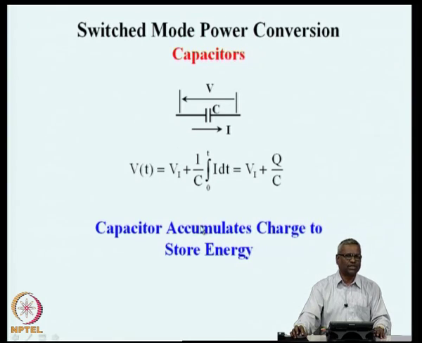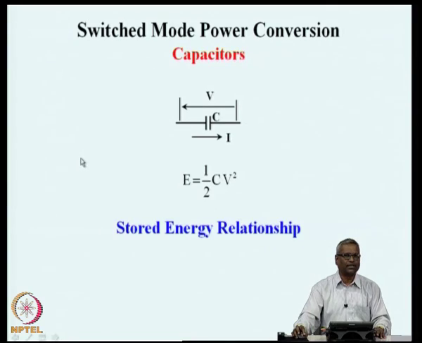As more and more charge is accumulated in the capacitor, more and more energy is stored, and this relationship is given by 1/2 C V square. If a capacitor of value C is charged to a voltage of V, then the stored energy is 1/2 C V square, and this is the relationship between the stored energy and the capacitor voltage.